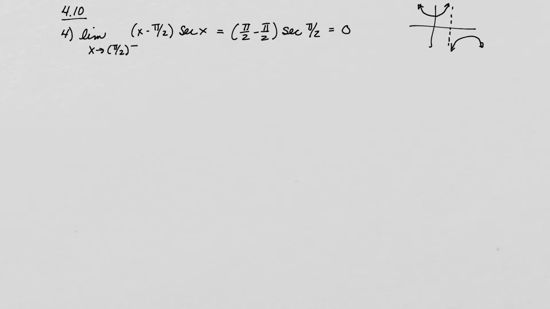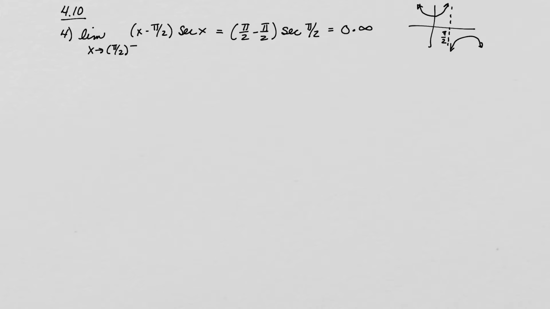We're coming up to the secant graph from the left side at pi over 2, so we're going off towards positive infinity. So this ends up being the case 0 times infinity.